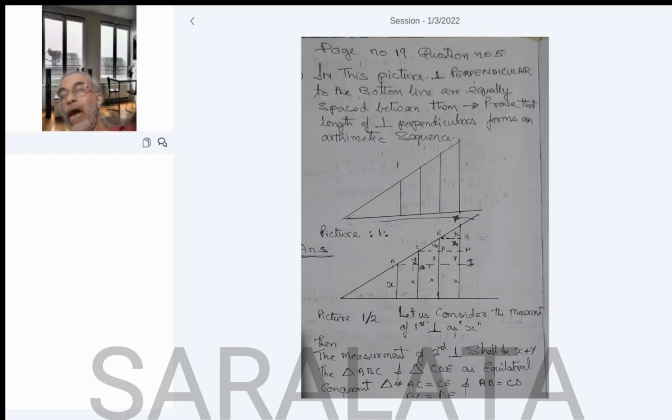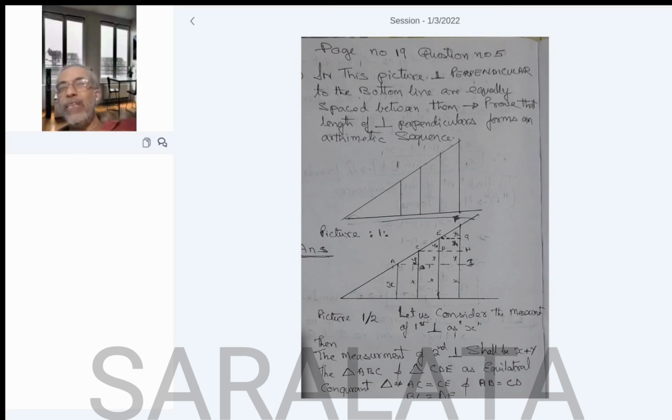Right? And what's the common difference in this? It is y. y is the common difference. If I subtract x from x plus y, I get y as the difference. If I subtract x plus y from x plus 2y, here also I get a difference of y, because 2y minus y is y, and x minus x is zero. So the difference is y.